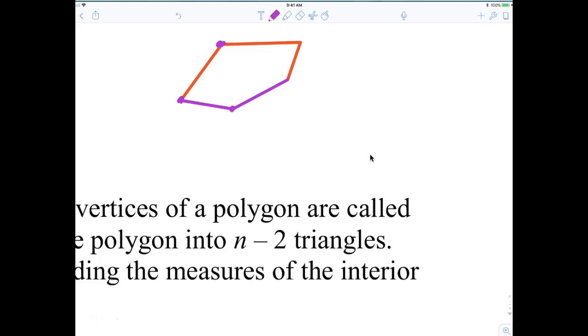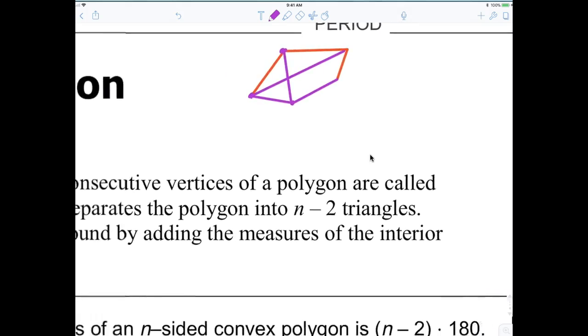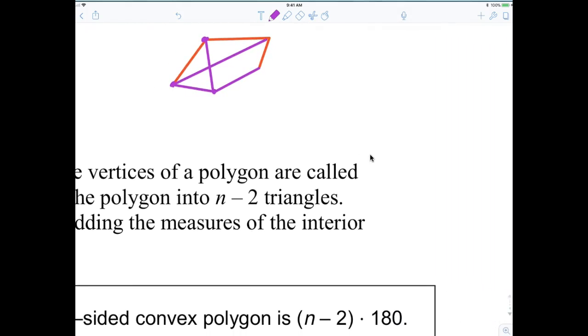Because no matter how hard I try, when I draw the diagonals, they will be inside of the shape. That is exactly correct. So that's the difference between concave and convex. Now, let's figure out how many degrees are in a polygon.